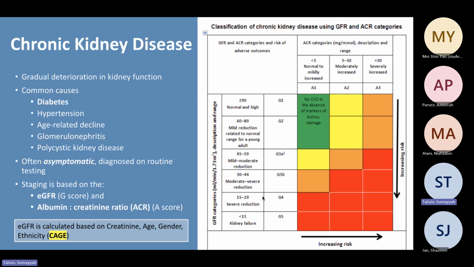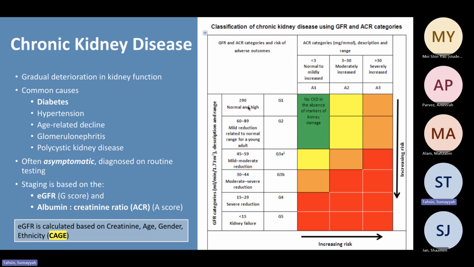Now, this looks quite complicated, but essentially what this table is showing is the eGFR on the left-hand side, and then at the top here, we've got the albumin-creatinine ratio. So technically, if a patient has an eGFR of more than or equal to 90, this is normal. However, an eGFR of 60 to 89 can also be normal, provided the patient doesn't have any other kidney disease or damage.